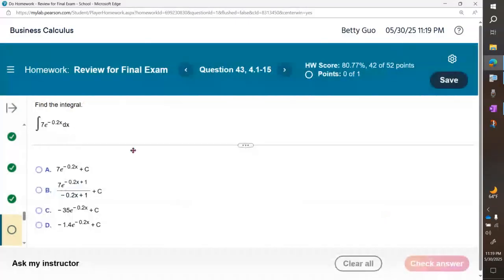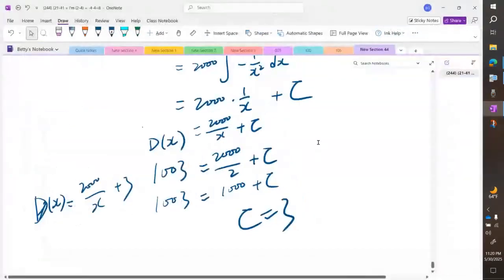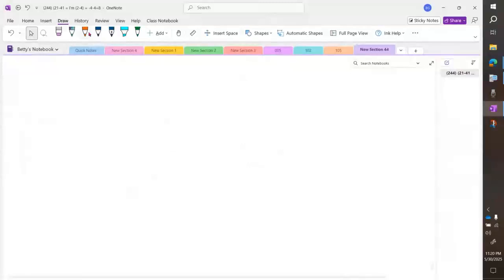Question 43. Find the integral. This is a multiple choice question, and you could just go back and check each answer choice. If you remember this formula, of course, it would help.